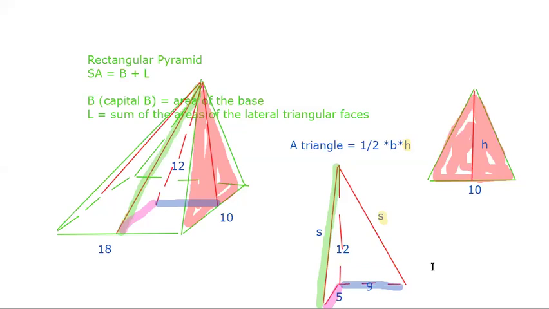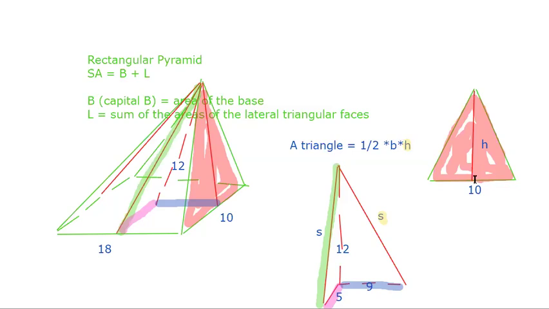Now you've got 2 right triangles that you can find your slant height of. The slant height is going to be used as the height in your area of your lateral facing triangle. So to find these S's, now obviously the front and the back side are the same, and the left and the right side are the same because the bottom is a rectangle.